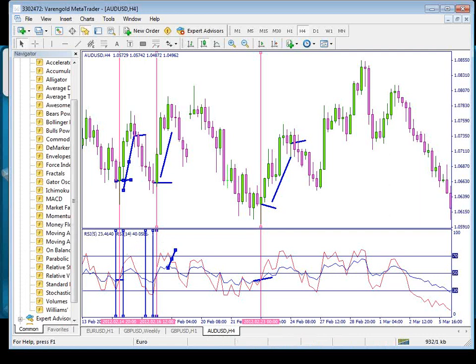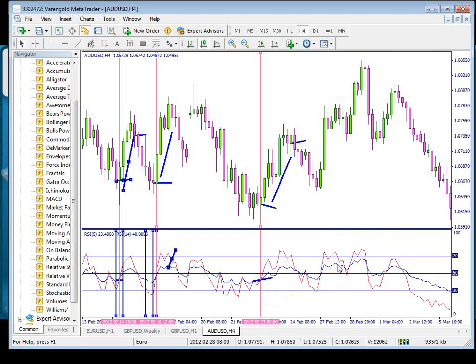If 5 touch the 14 goes up or down, is that signal to buy or sell? So we talk here just for the buy example. When RSI 5 is coming from under the 14 RSI and is passing above the 14 RSI, it is a signal for buy, like this situation.